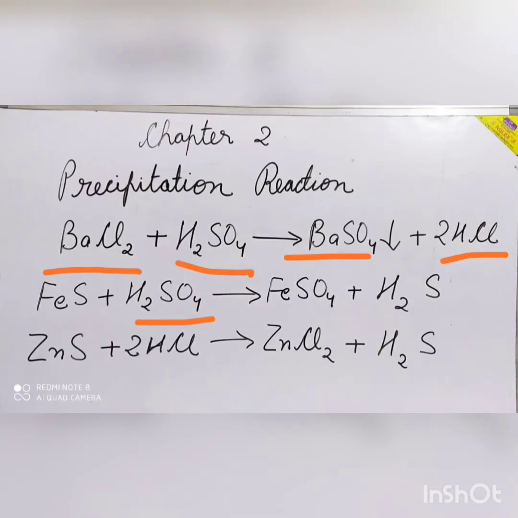Example, sulfuric acid plus ferrous sulfide gives ferrous sulfate plus hydrogen sulfide gas. Zinc sulfide plus hydrochloric acid gives zinc chloride plus hydrogen sulfide gas.